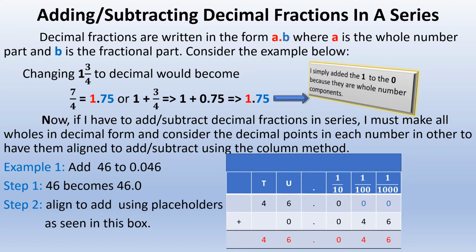How do we change to an improper fraction? We multiply the whole number by the denominator and then add the product to the numerator. So 1 multiplied by 4 gives us 4, plus 3 gives us 7. So one whole number 3/4 is 7/4.